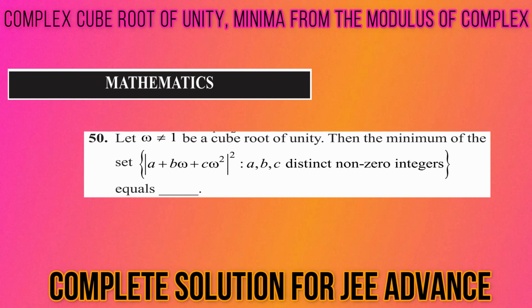So this is a numerical answer type question. That means we have to find the required fill in the blank, and we do not have options here. The question is quite easy from the complex numbers chapter.